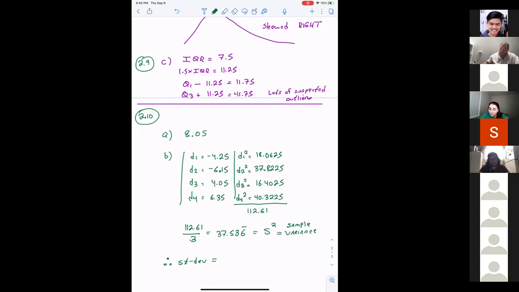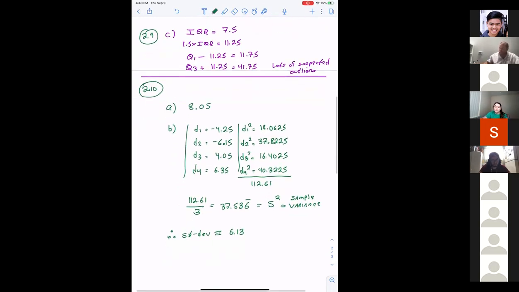About 6.13. Okay, that's how you do it by hand.